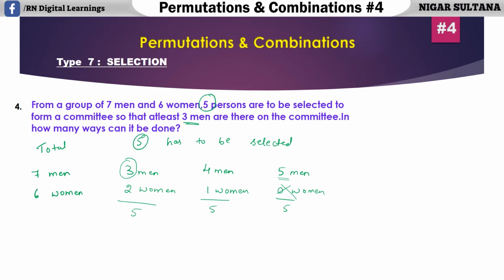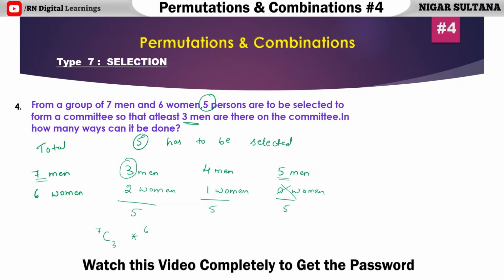So now how can we write this? Now the total is how much? 7 men. This can be written as 7C3, the selection of men is 3, into the total of women, 6, C, selection is 2, plus, this has to be plus.